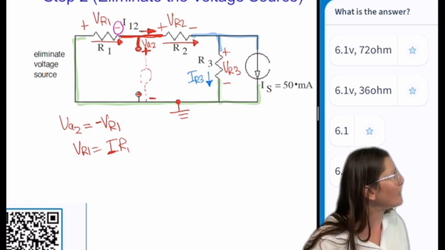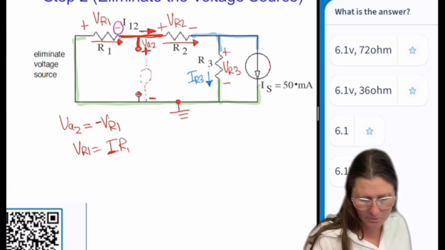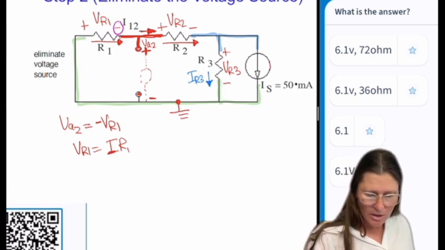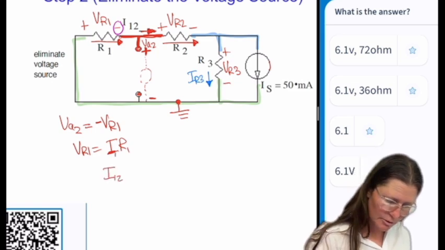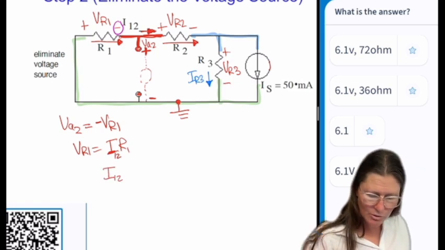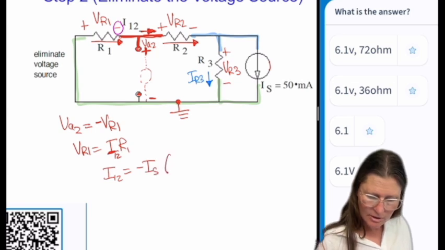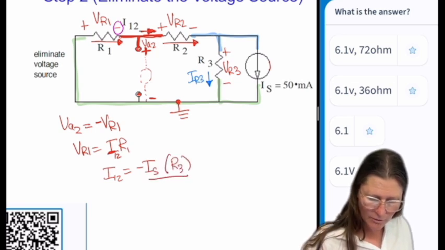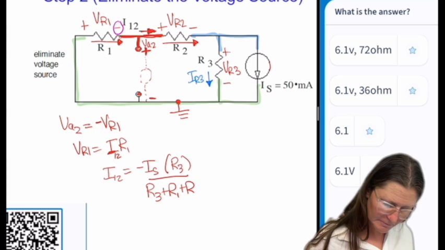So finding I, I notice again that it is a current divider this time. I have that I12 is equal to A minus IS times R3 over the summation of all the resistors in the branches.